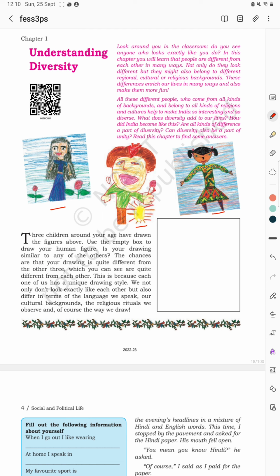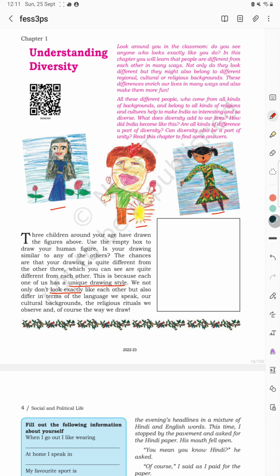Because they are made by three different children and each one of them has a unique drawing style. Suppose a fourth child also makes a drawing, there are chances that that drawing will be different from the above three pictures.